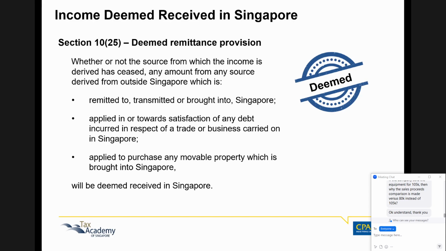But this one you will need to know: section 10(25), the deemed remittance provision.